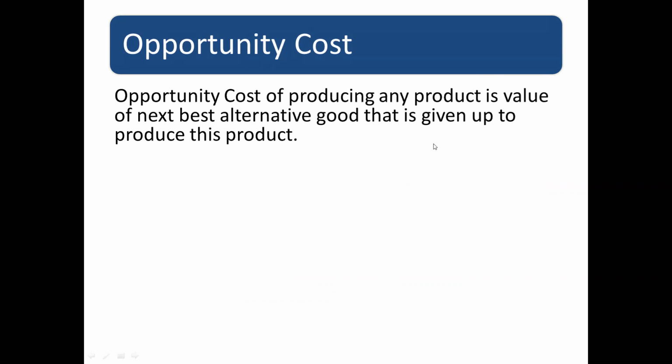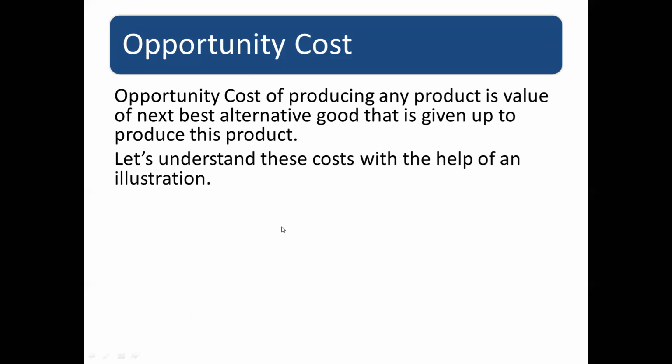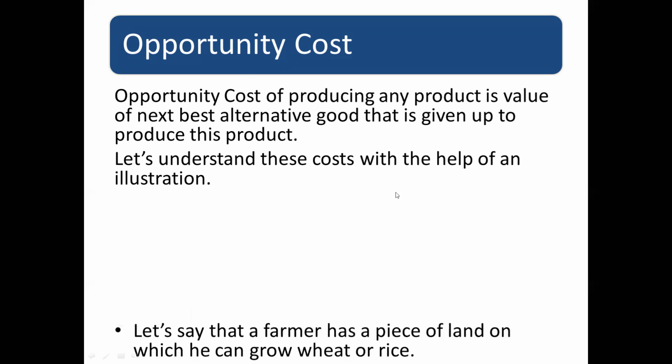So the opportunity cost of producing any product is the value of the next best alternative good that is given up to produce this product. Now you understand the context. So I give the example.